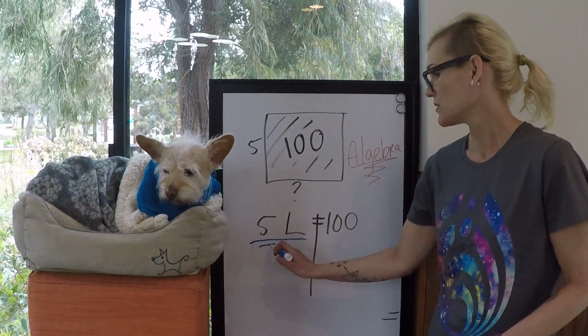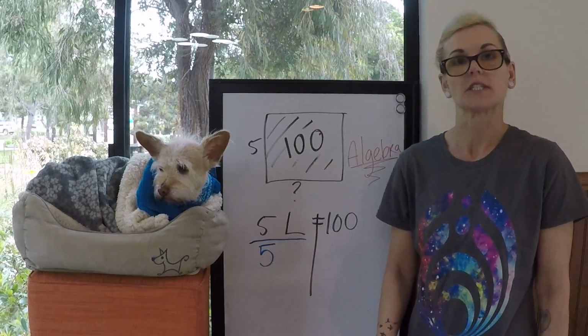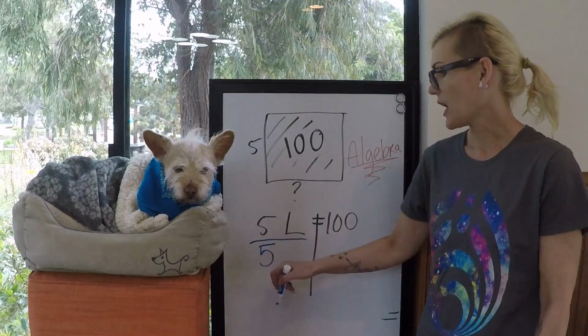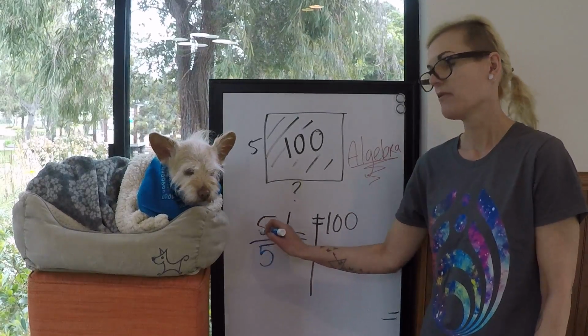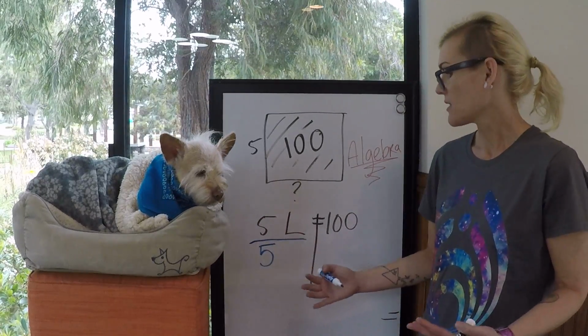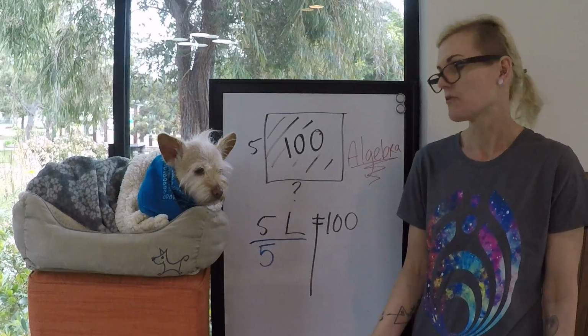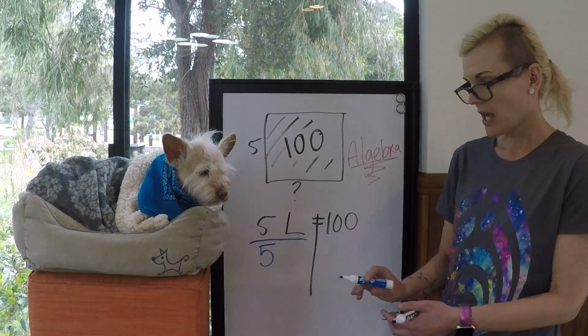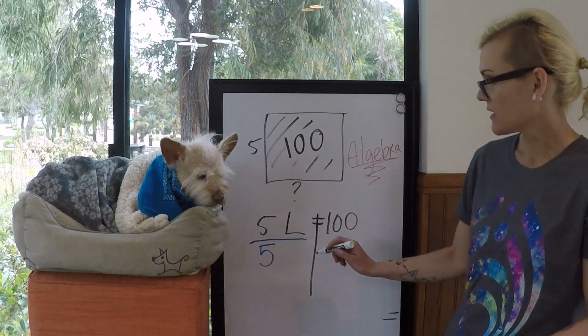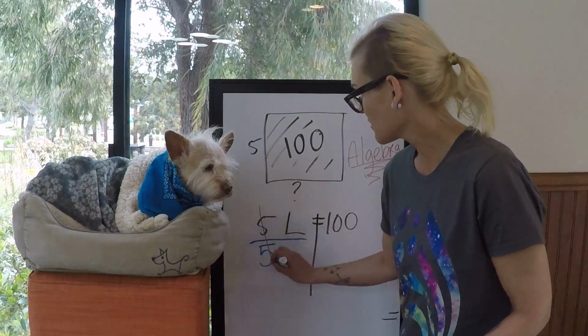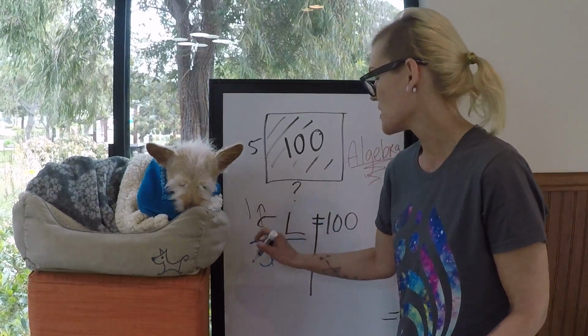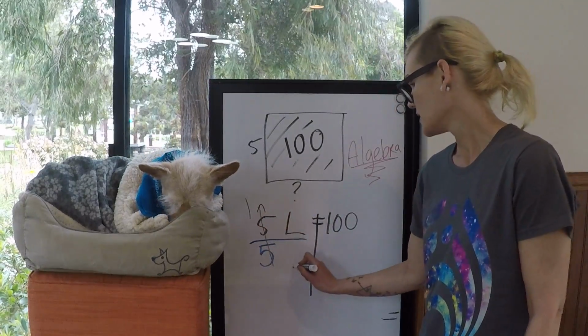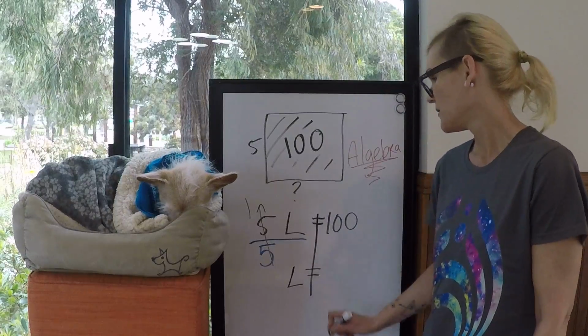I'm also going to show division with a fraction. I could have written divide by 5, but with algebra, I think it's better to show division using a fraction. So if I divide by 5 on the left-hand side, 5 divided by 5 gives me 1. 1 times L is equal to L.